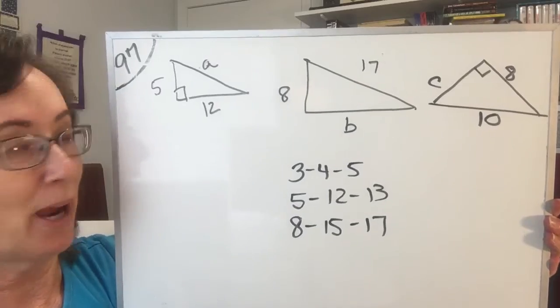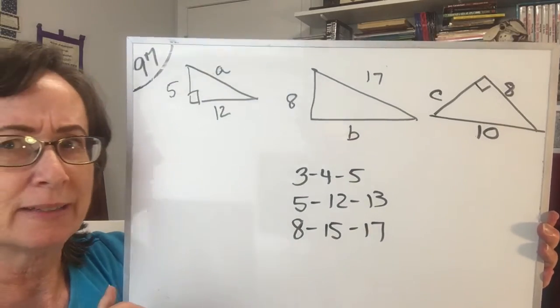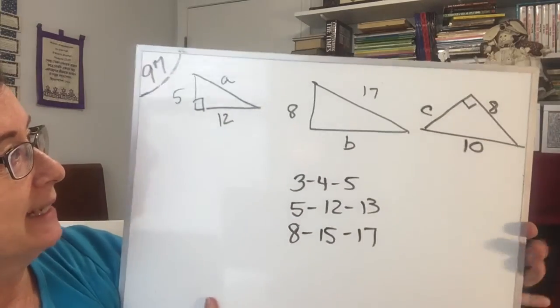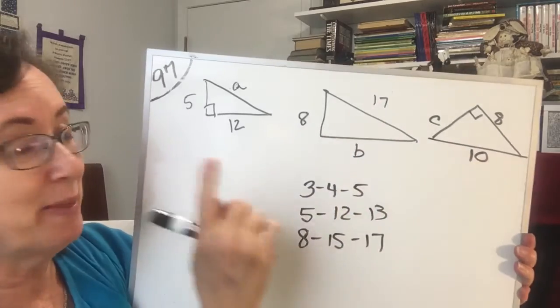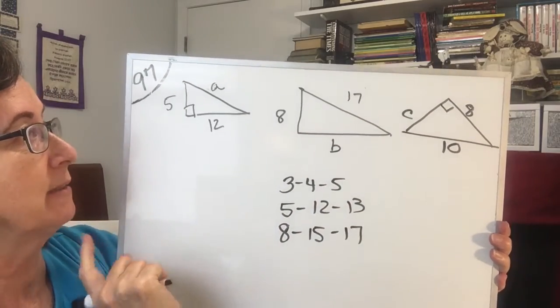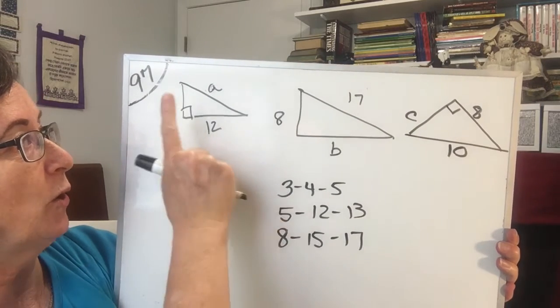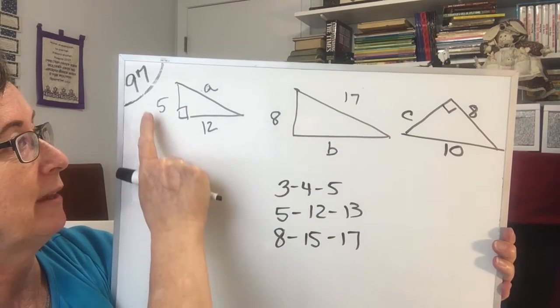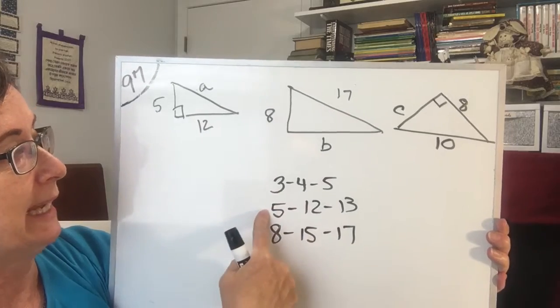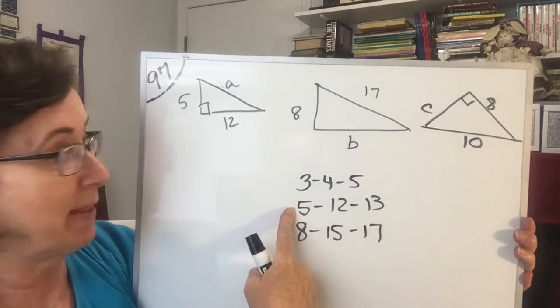All right, here's our practice, our example. We have 3 Pythagorean triples with missing numbers, missing side lengths. So the key thing is we know that 5, 12, 13 is a Pythagorean triple.